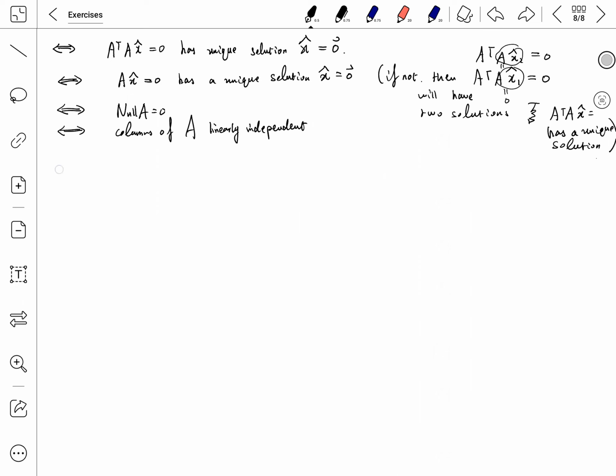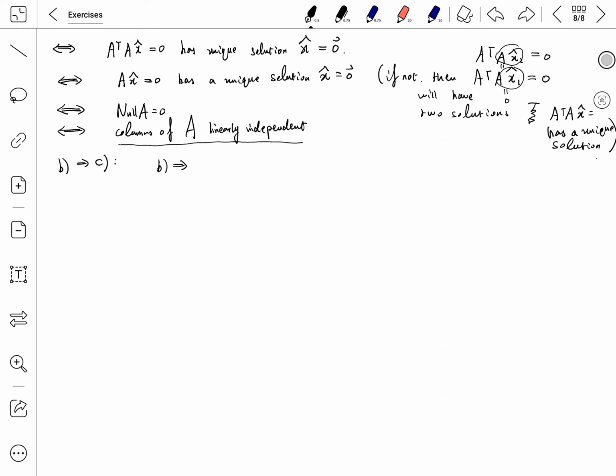So this shows A implies B. Let's show B implies C. I want to show that if the columns of A are linearly independent, then A transpose multiplied with A is invertible. B is saying that the columns of A are linearly independent.